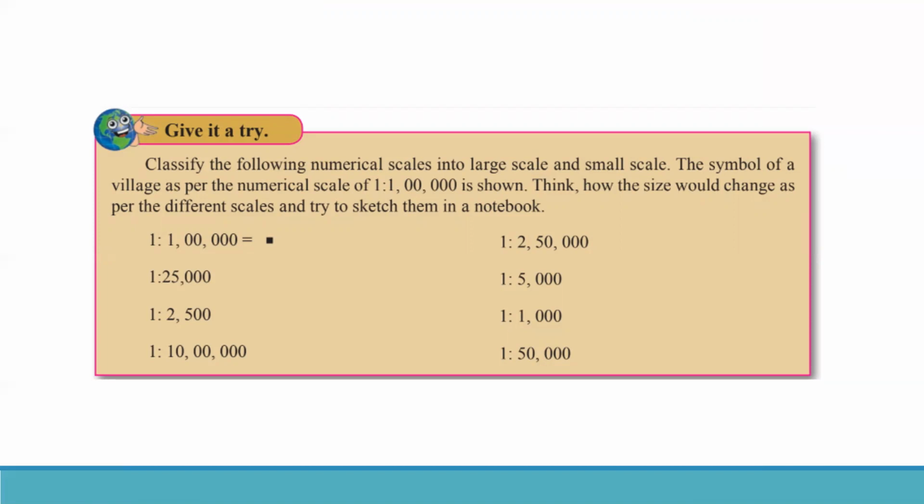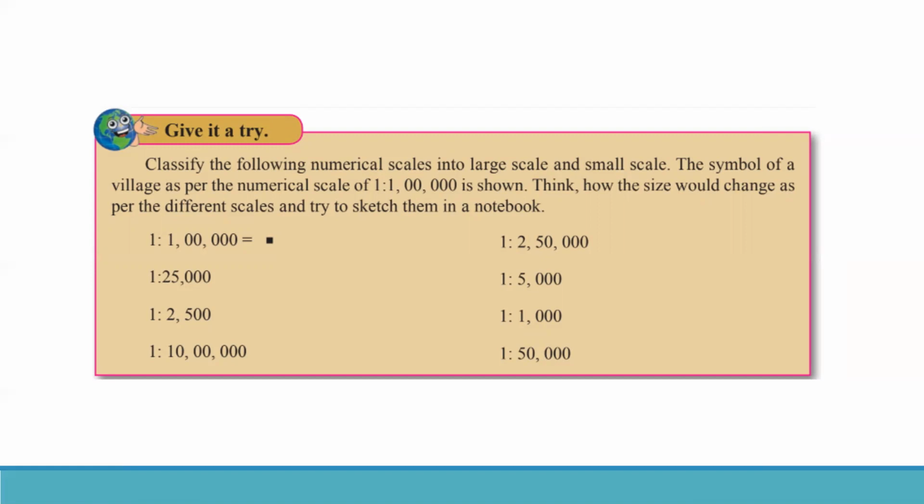It's a small scale map. Second one, 1 is to 25,000, large scale. Third one, 1 is to 2,500, again large scale. 1 is to 10 lakhs will be small scale.